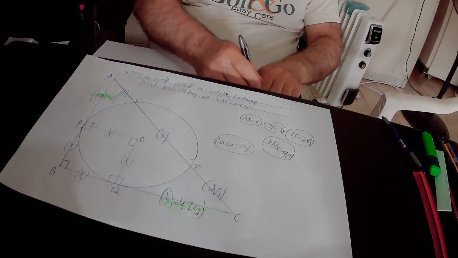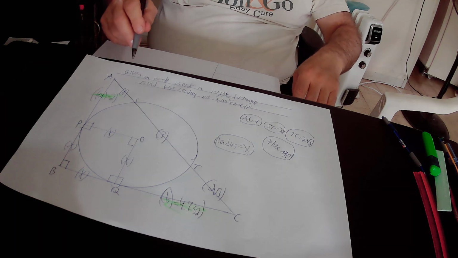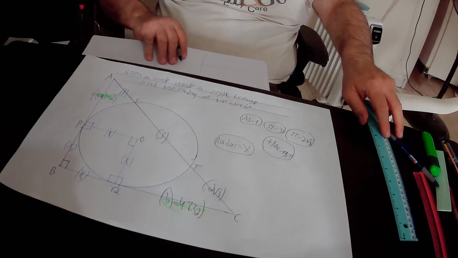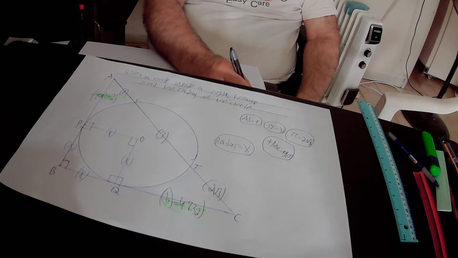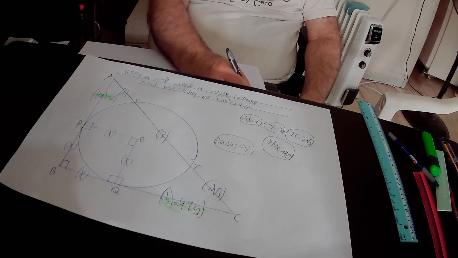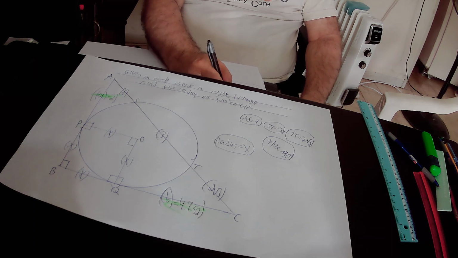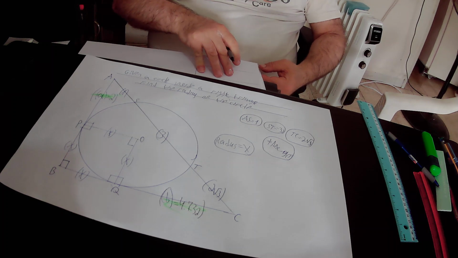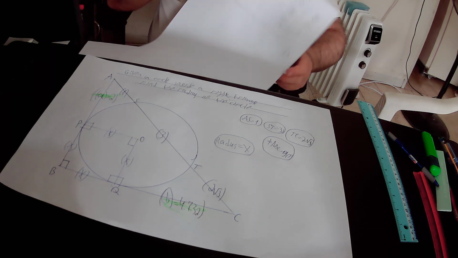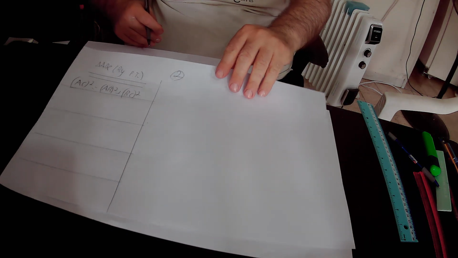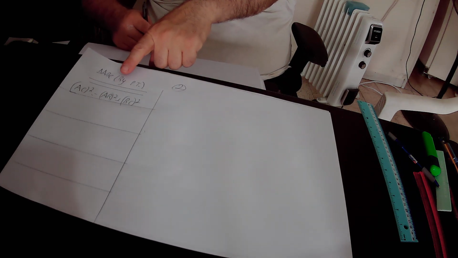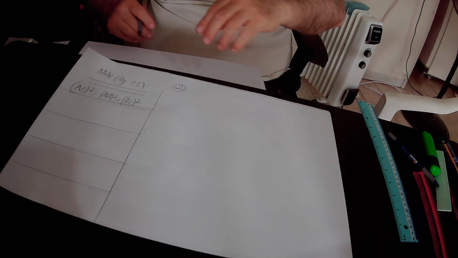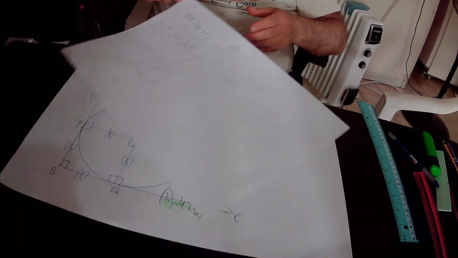The hypotenuse in this big right triangle ABC is AC, therefore the square of the hypotenuse is AC squared, and AC squared must be equal to AB squared plus BC squared. Repeating again, according to the Pythagoras theorem, in the right triangle ABC, AC squared equals AB squared plus BC squared.